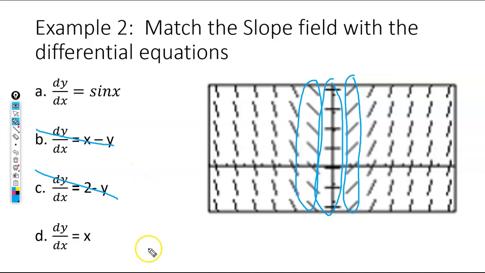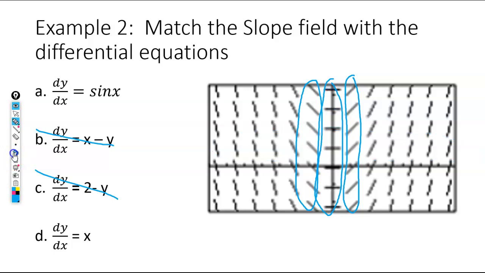What else could it be? Let's take, after you look at your columns and your rows, notice my rows are different, right? We don't have parallel in the rows, so it has to have an x in it.